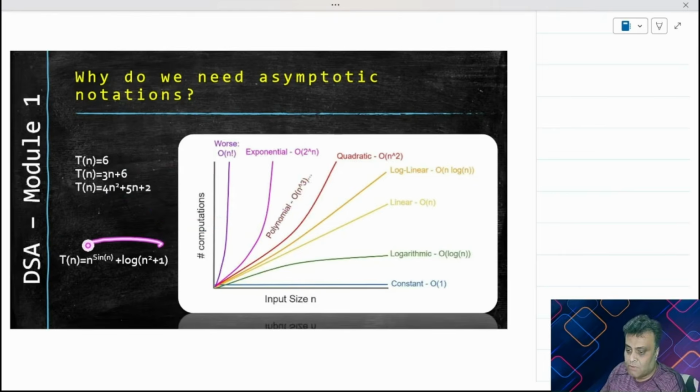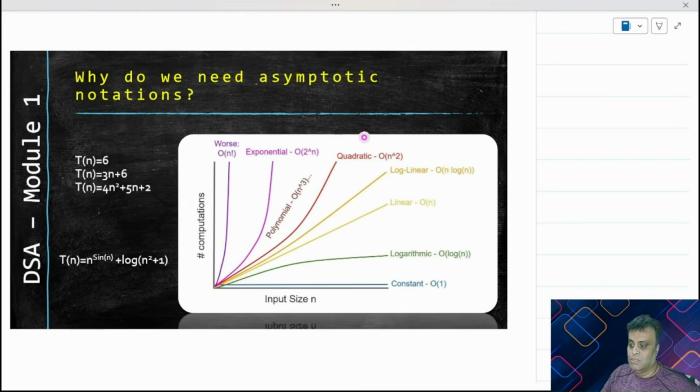But suppose you have from your algorithm an expression that comes out like this, which is the time taken by your algorithm. Let us assume that the time taken by that algorithm has come to be like this. Of course, it depends on n. We can see that. Now, how will you tell somebody which complexity class this will fall under?